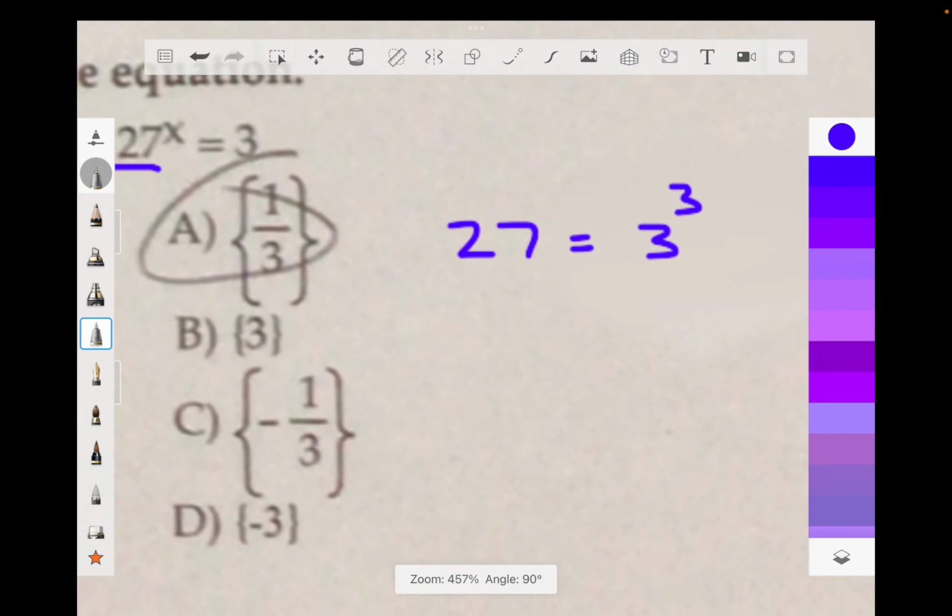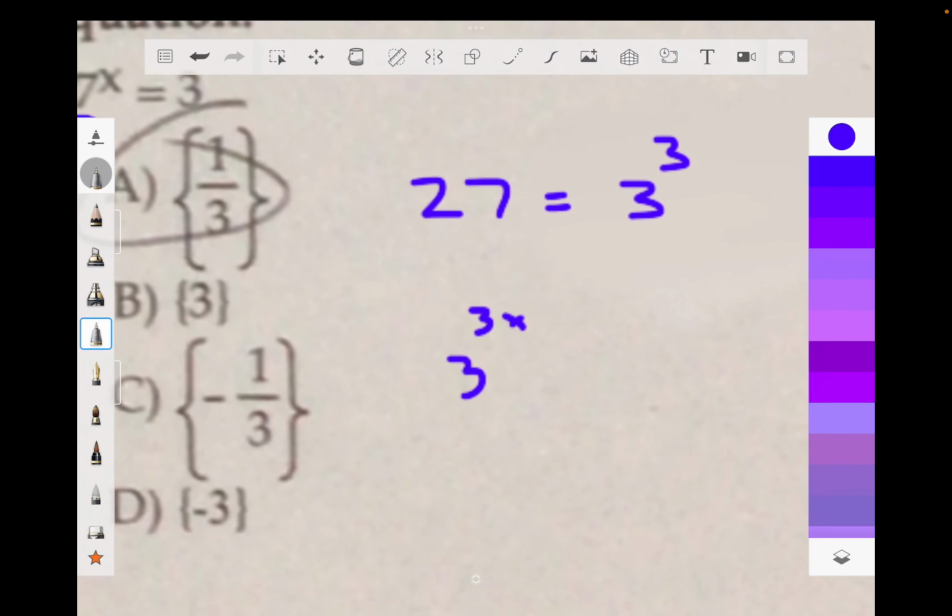So you could rewrite 27 to the x as 3 cubed to the x, because 3 cubed is 27 and then the x stays up.